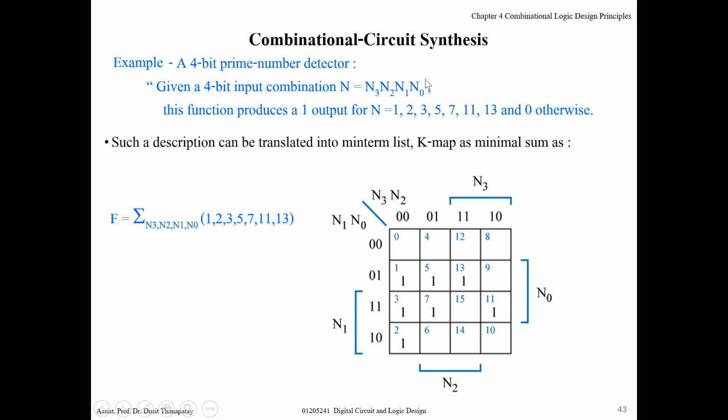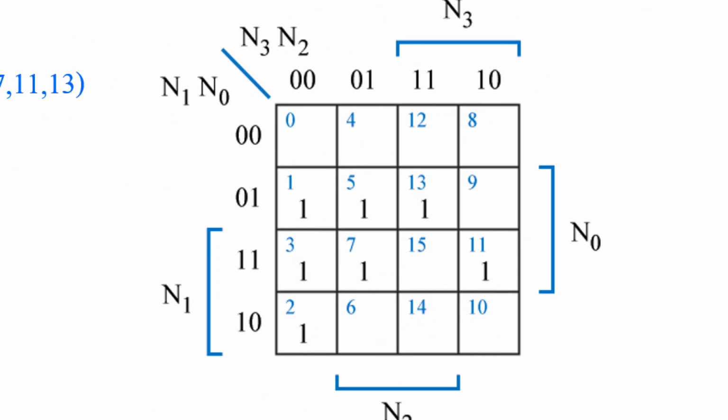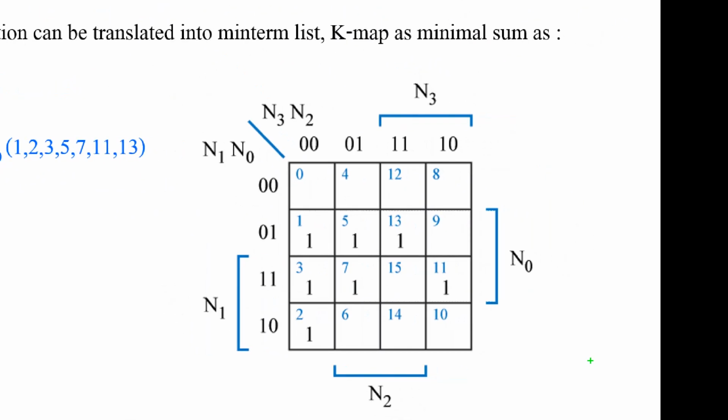Same condition of the problem, so I fill logic 1 output in Kmap. Can you group to find out the function?